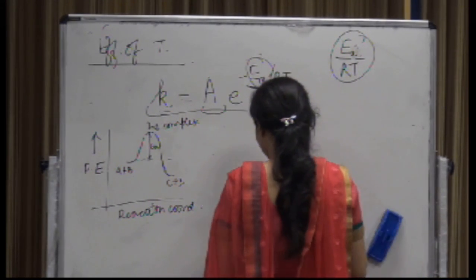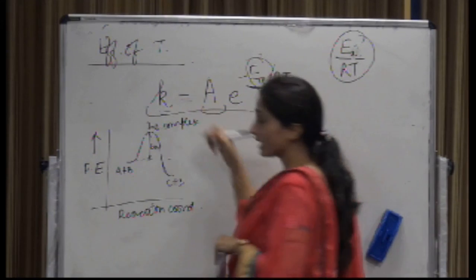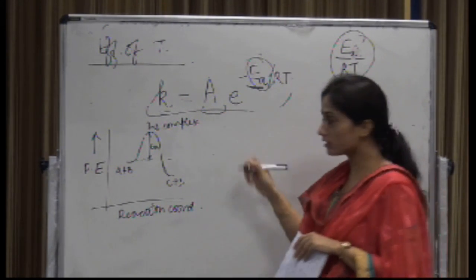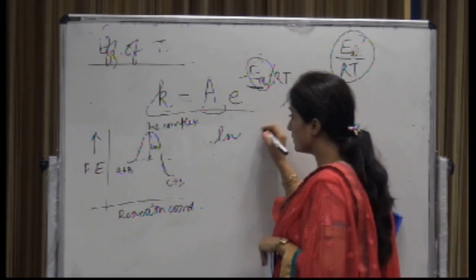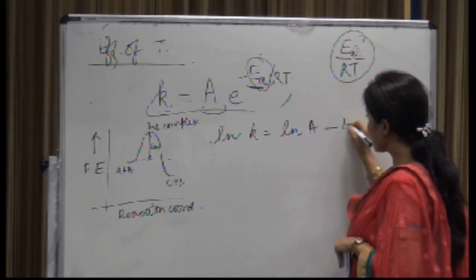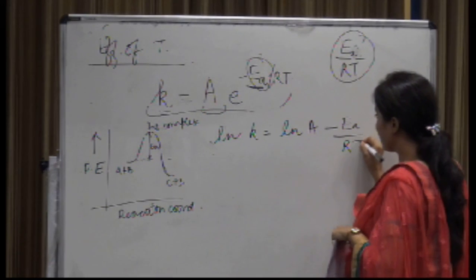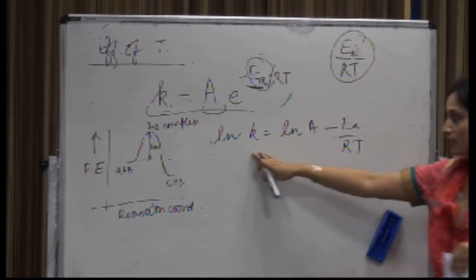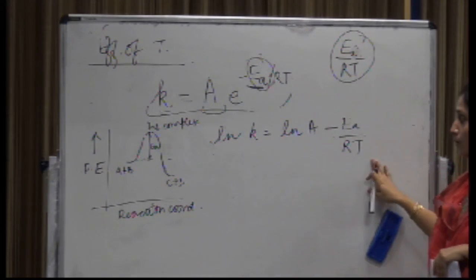now here you can also take the natural log, and you get numericals based on it. The natural log will yield ln k is equal to ln A minus EA upon RT.